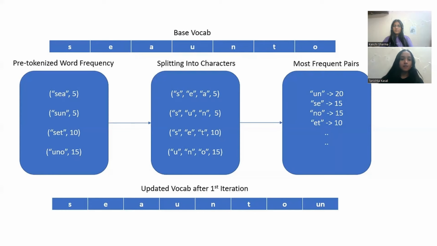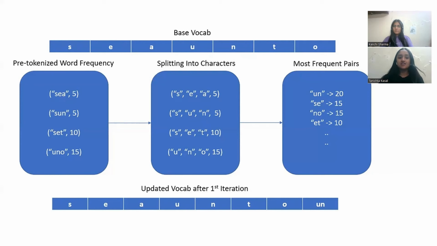Let's say our corpus has these words: see, sun, set, uno, whose frequencies are listed here: 5, 5, 10, and 15. First, we'll convert these words into characters. So we split these words, and these are the split words. Then we'll combine the characters which occur together most frequently. For example, S and E occur together in see, whose frequency is 5, so we write 5 for SE.